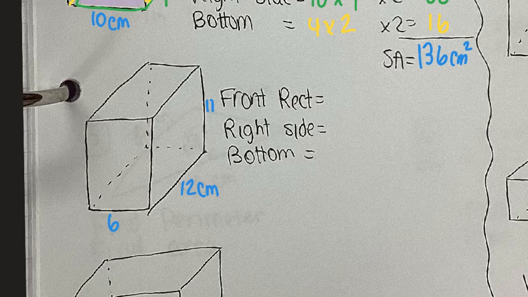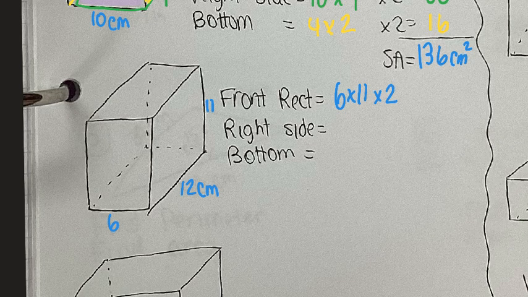This purple one right here, it is 6 by what? Because it doesn't look like there's a number, but we said if this is 11, then that's 11. So 6 times 11, that's the front, times 2 since there's also a back.